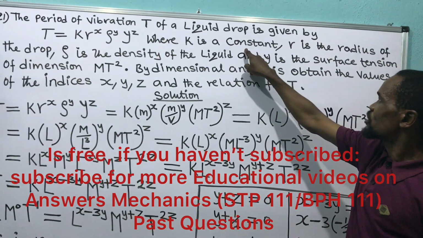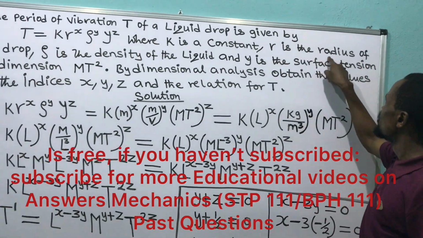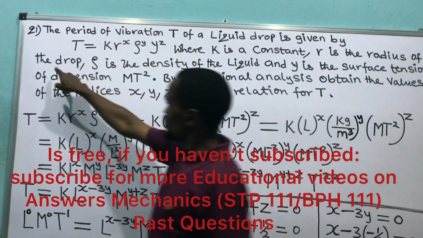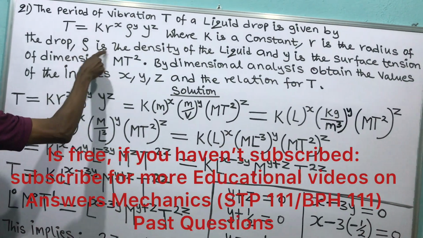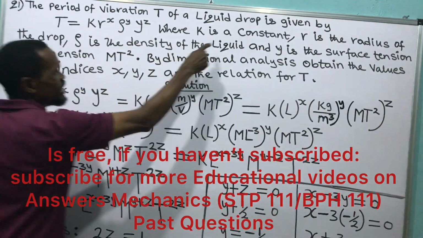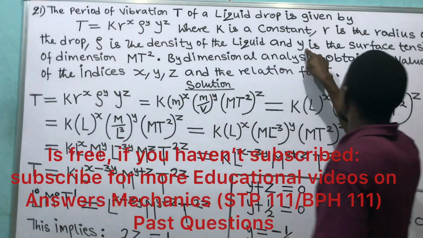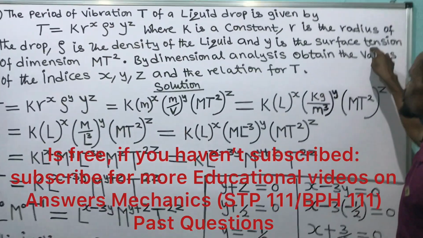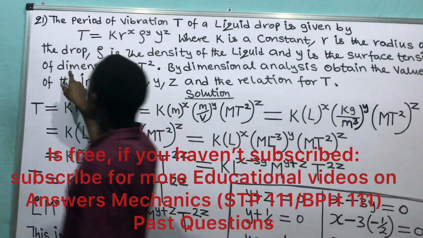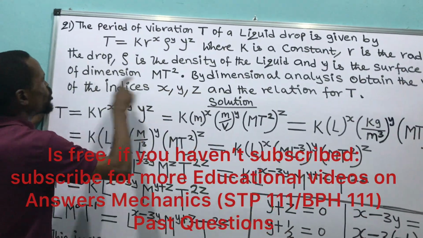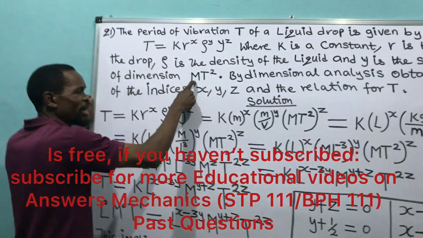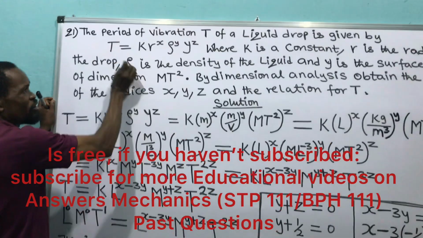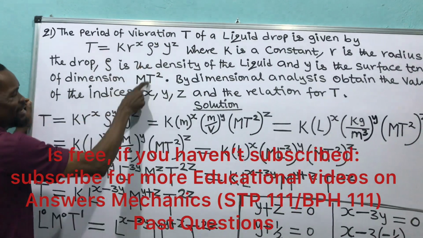That's what they told us. R is the radius of the drop, Q is the density of the liquid, and Y is the surface tension of dimension MT to the power minus 2. That's the dimension of surface tension.